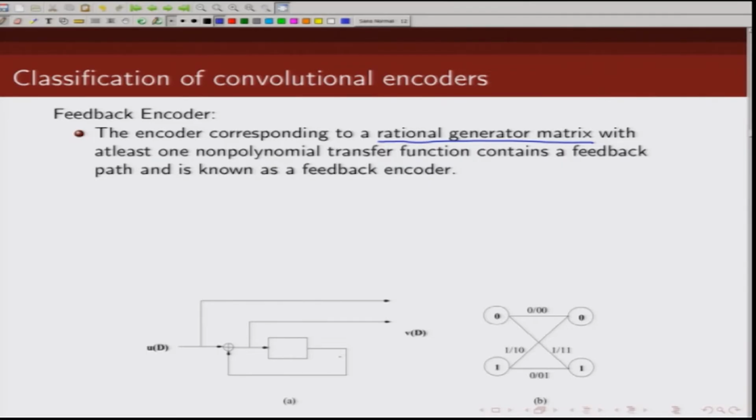Look at this example. From the output, we can see there is a feedback going to the input side, and the generator matrix for this is basically, so first coded bit is nothing but the information bit, so that is 1, and this is basically 1, 1 plus D.